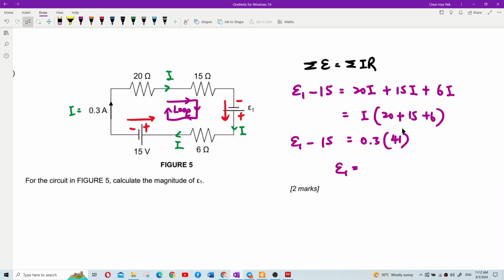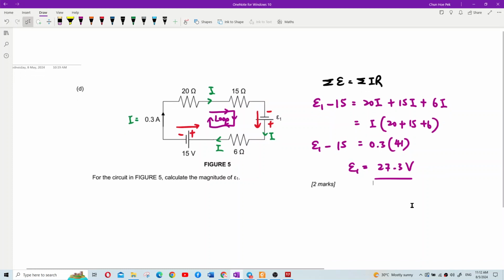So what is E1? So 27.3 volt. Nah, selesai. Dapat tu sudah E1. Senang.